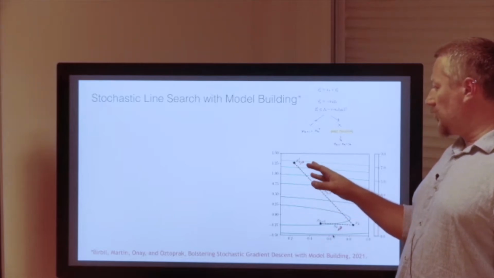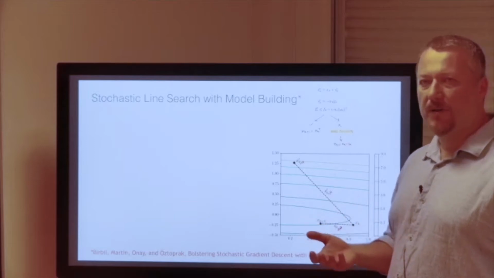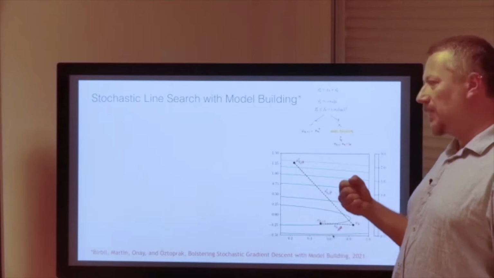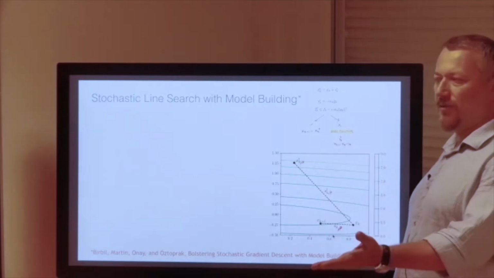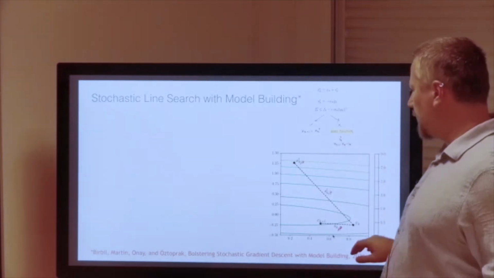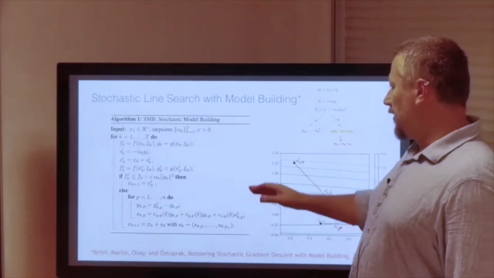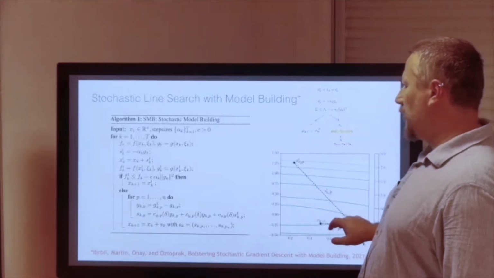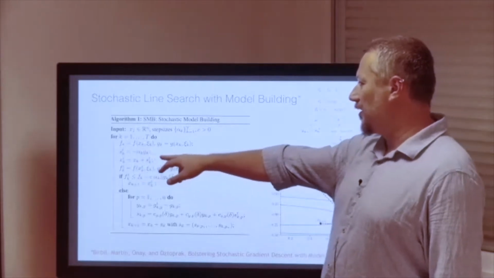And this, you go to the minimum of this model. And there's only one step here. You construct the model only once, and then choose its minimum as the next step. So this was the algorithm. Again, you start at a point, take a stochastic gradient descent step.